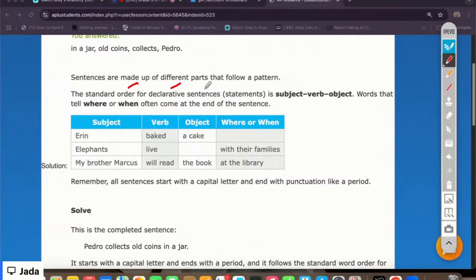So we have the standard order for a declarative sentence, which is a statement: subject, verb, object. Words that tell where or when often come at the end of the sentence.